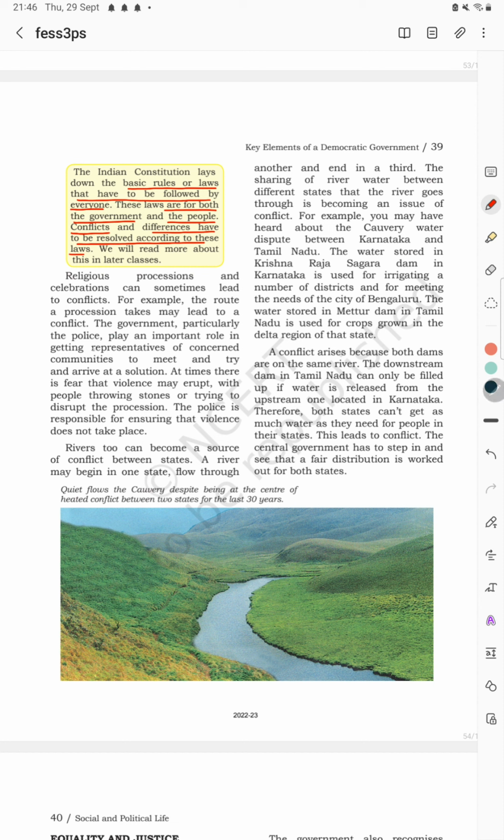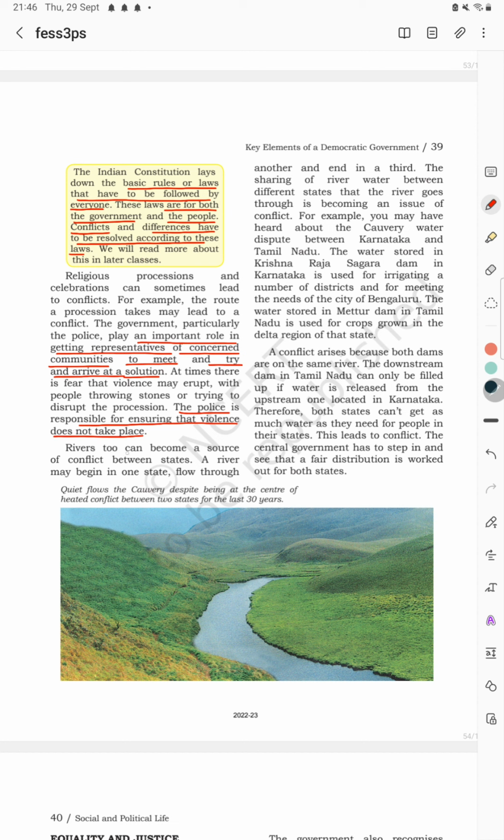The government, particularly the police, plays an important role in getting representatives of the concerned communities to meet and try to arrive at a solution. At times, there is fear that violence may erupt, with people throwing stones or trying to disrupt the procession. The police is responsible for ensuring that violence does not take place.